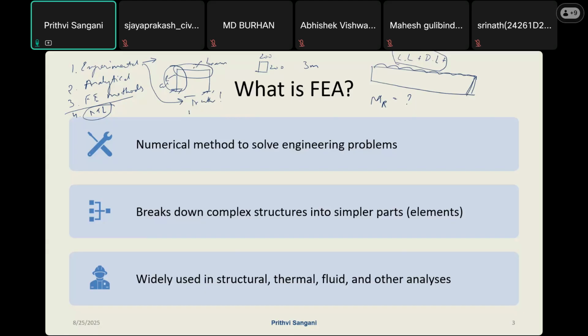But it is most expensive, because you can't keep casting several buildings, several beams, several columns. For example, if you want to construct a steel bridge, you can't test your entire bridge just to design it, right? So in that case, this is the truth.